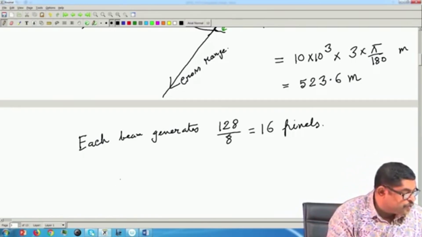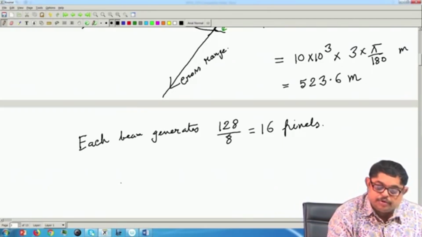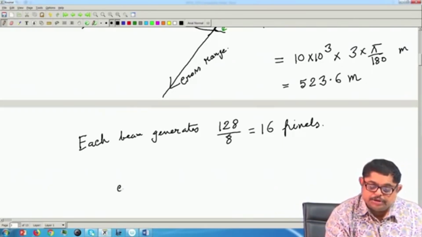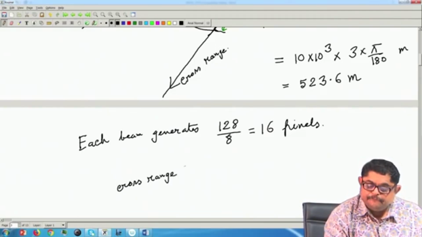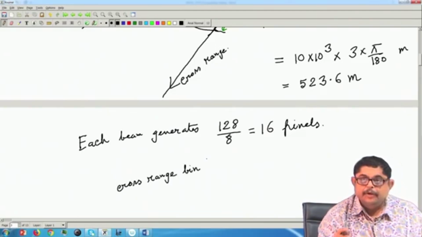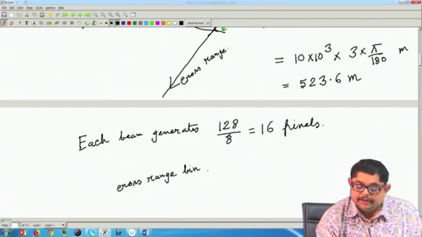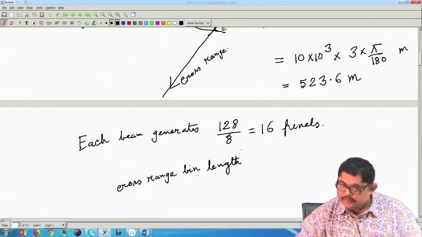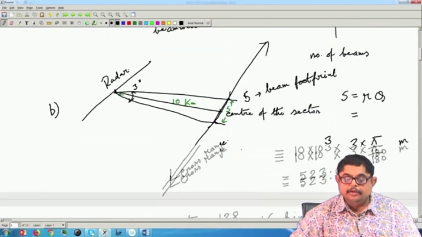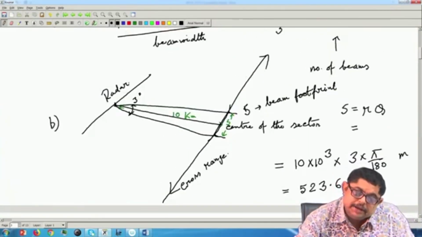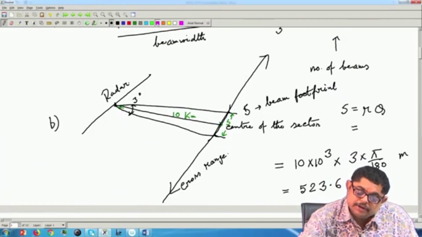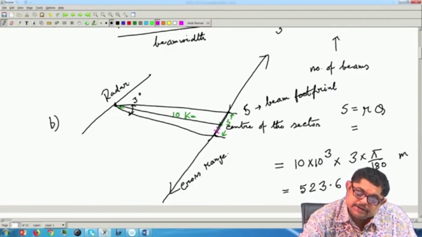So, the cross range beam length, I think you are understanding that I am dividing this into 16 pixels. There are 16 such pixels.